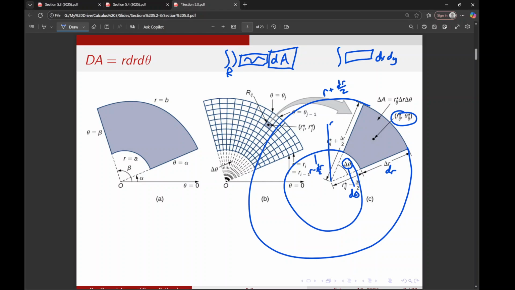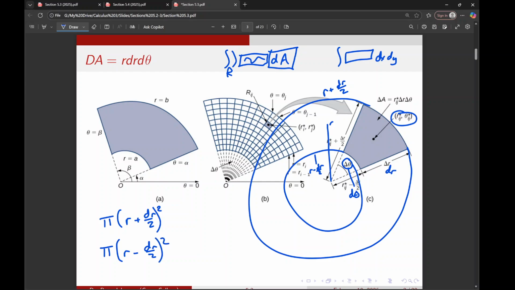The area of the big circle would be pi times (r plus dr over 2) squared, and the area of the little circle would be pi times (r minus dr over 2) squared.